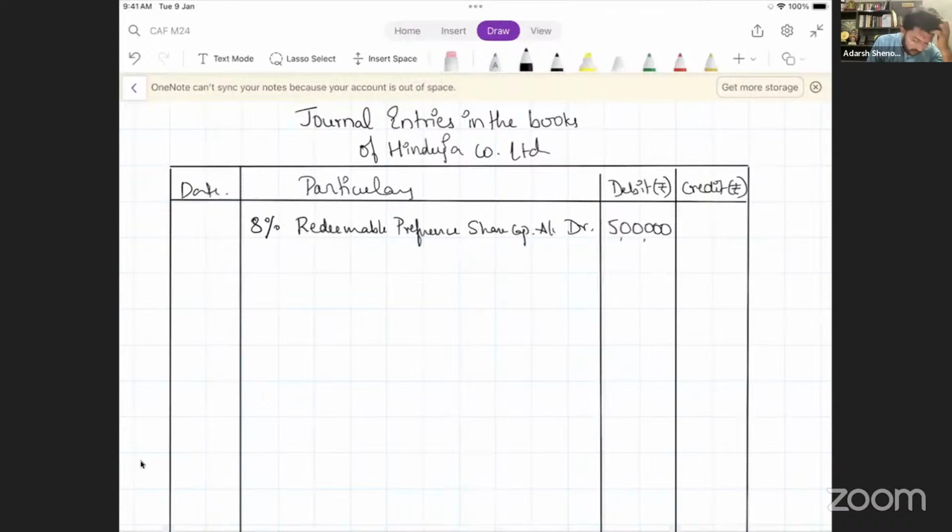There's no premium on redemption, so directly to preference shareholders account, 5 lakhs.